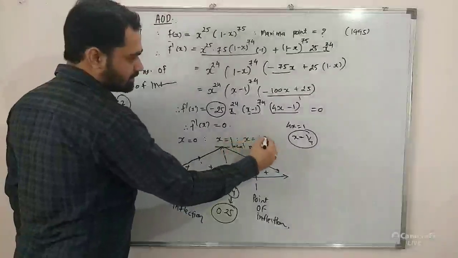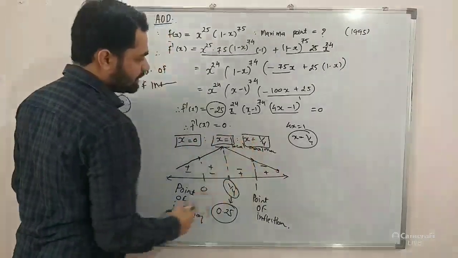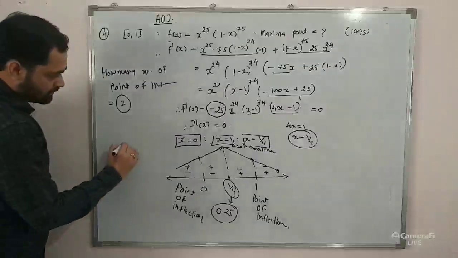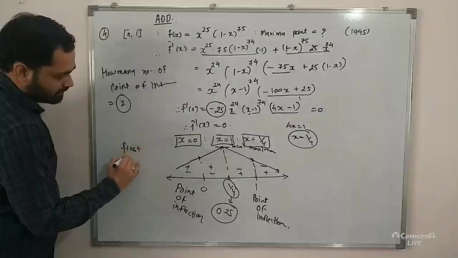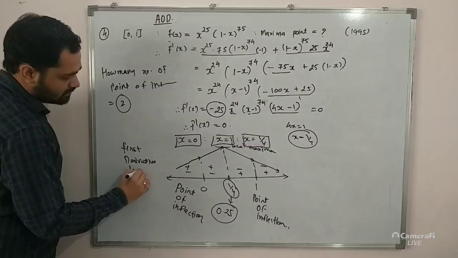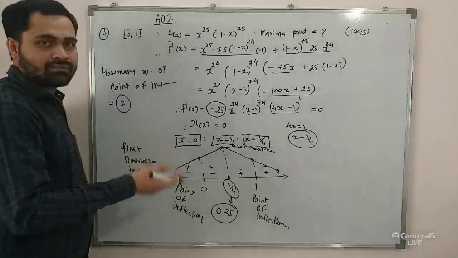So these 3 points are the critical points, and these critical points can be indicated on a number line. So we are going to test by the first derivative test. For the first derivative test, we have to find the sign of f dash of x.